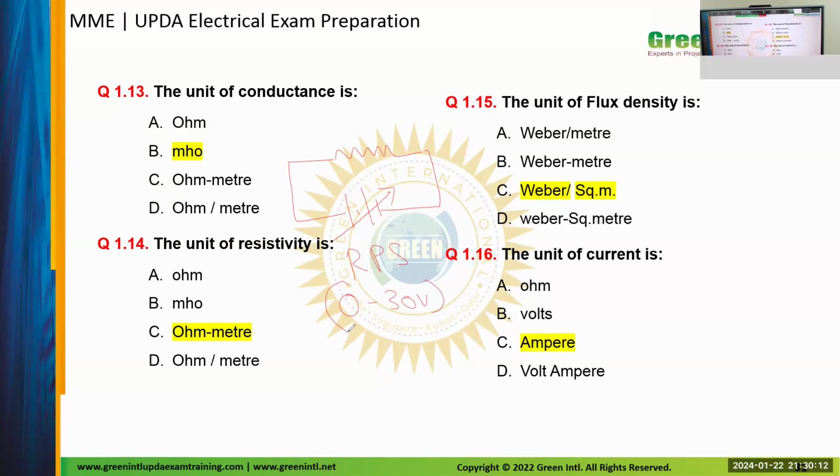We take a very thin resistance, rated half watt or quarter watt. Very thin means 1 by 4 watt, a little bigger means 1 watt. So we take one resistance, say a 1 by 2 watt resistance.